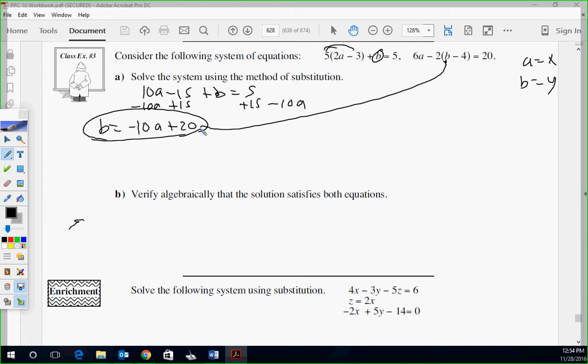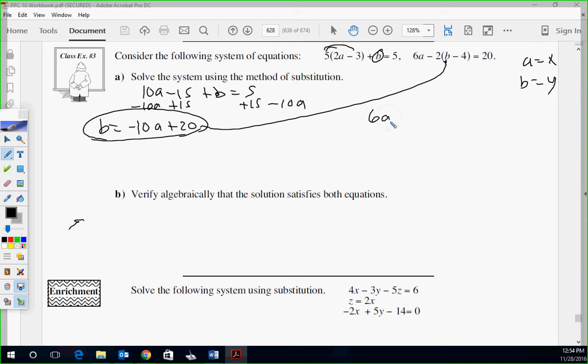You can distribute the -2 and then do it, or you can plug it in now, combine like terms, and then hit all the -2. I'm taking this negative 10a plus 20 and putting it right there. I could do it now or after I distribute. Ridge, what do you prefer? Now. Okay, so I'm putting it in now.